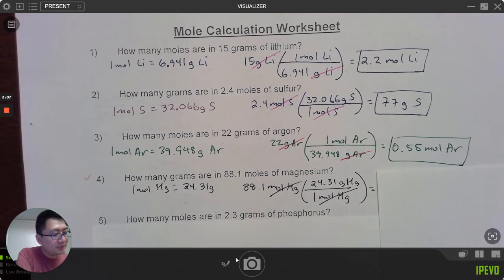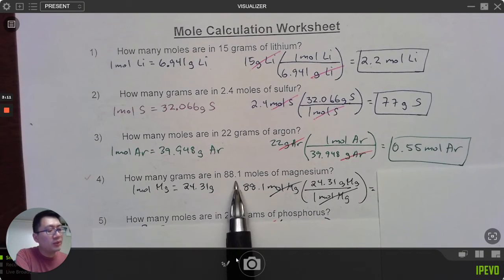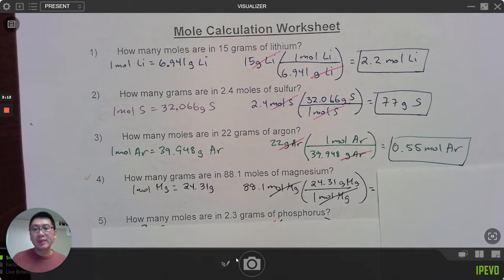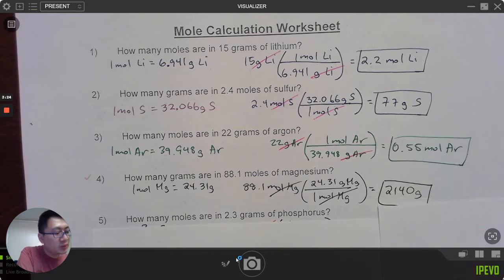Next question says, how many grams are in 88.1 moles of magnesium? Well, look on a periodic table. 1 mole of magnesium is 24 grams, so 88 moles would be 88 times 24, or mathematically, 2140 grams. 3 sig figs.